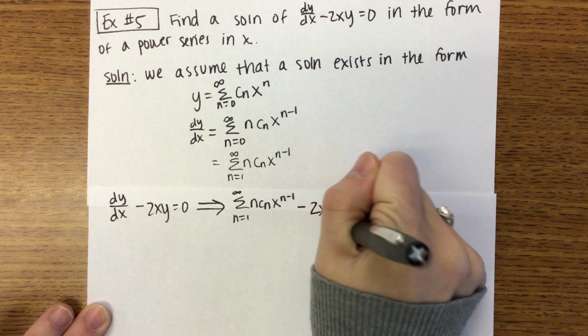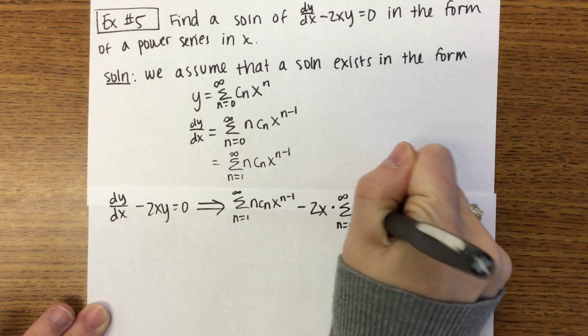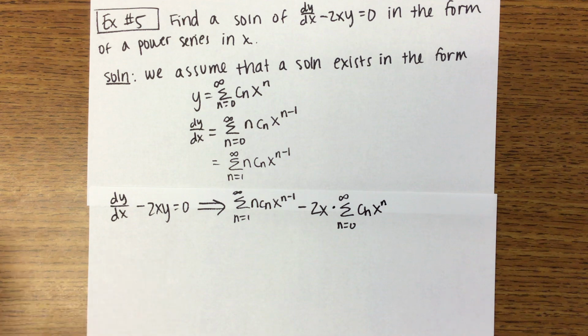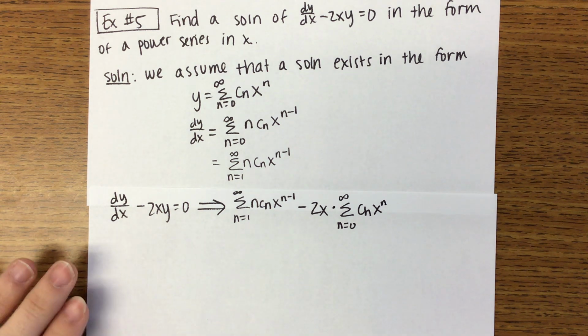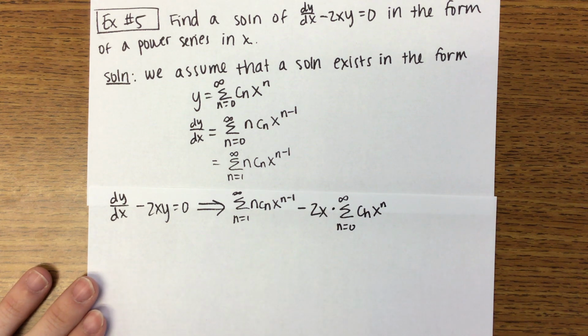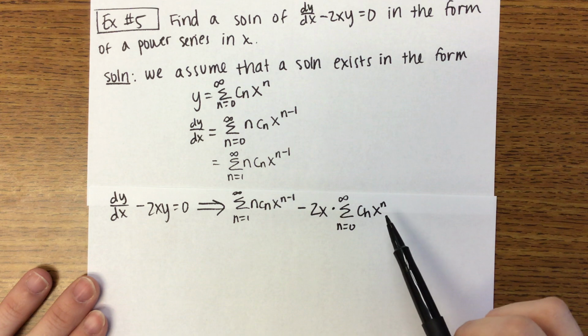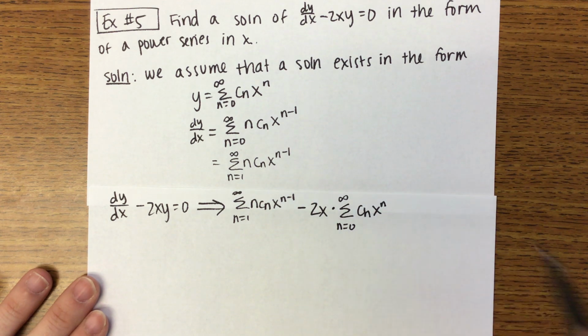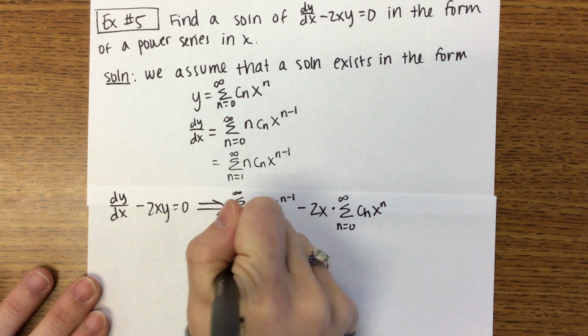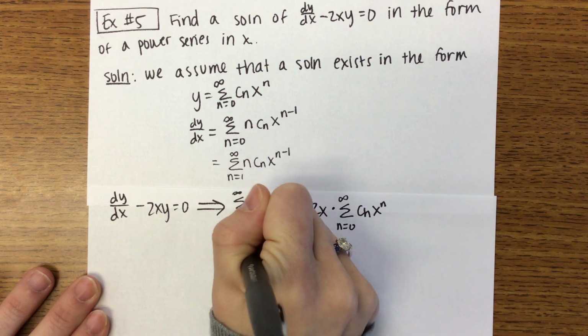So that's the sum from n equals 0 to infinity, c_n x to the n. Okay, so this is where we're going to start using some skills that we did yesterday. We need to get this to be one term together, so we're going to put that 2x into the summation. So the first summation stays the same.